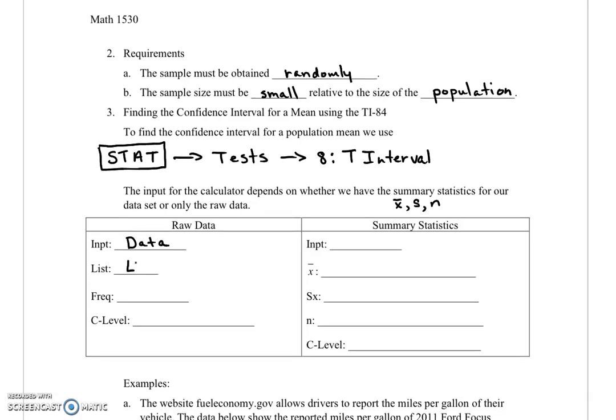For list, we're going to put L1, assuming, of course, that the data is entered in L1. The frequency for our purposes is going to be 1. And that's always going to be 1 for the problems we're doing. And the C level, of course, is the level of confidence.